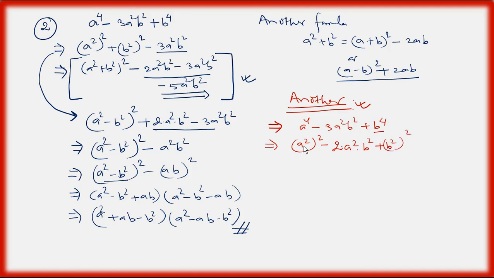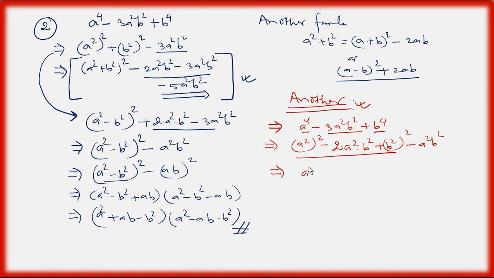Plus b4 is (b square) whole square. (a square) whole square is a4, (b square) whole square is b4, and minus 2ab. To develop this formula I have written minus 2ab, but here is minus 3ab. Just subtract, or just write minus a square b square. It makes us easier. Minus 2a square b square minus a square b square becomes minus 3a square b square. I think I have made it clear.